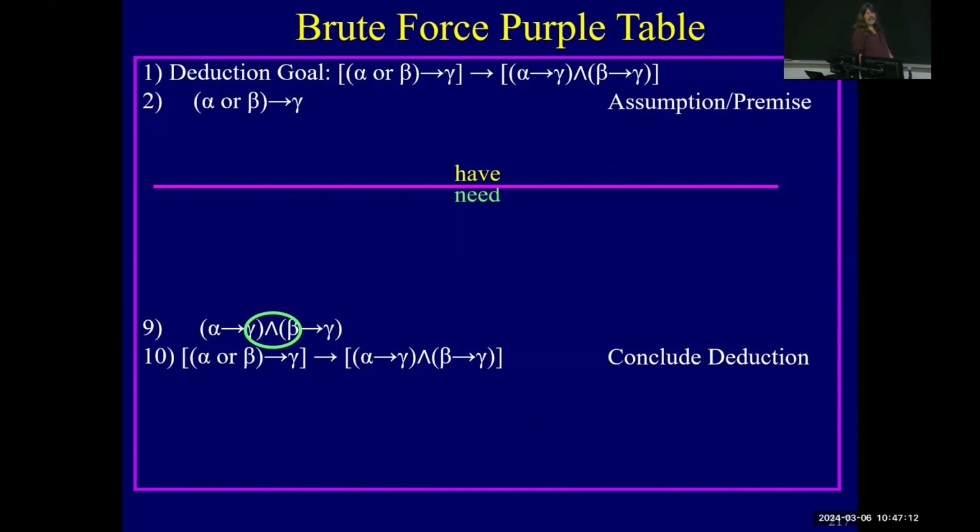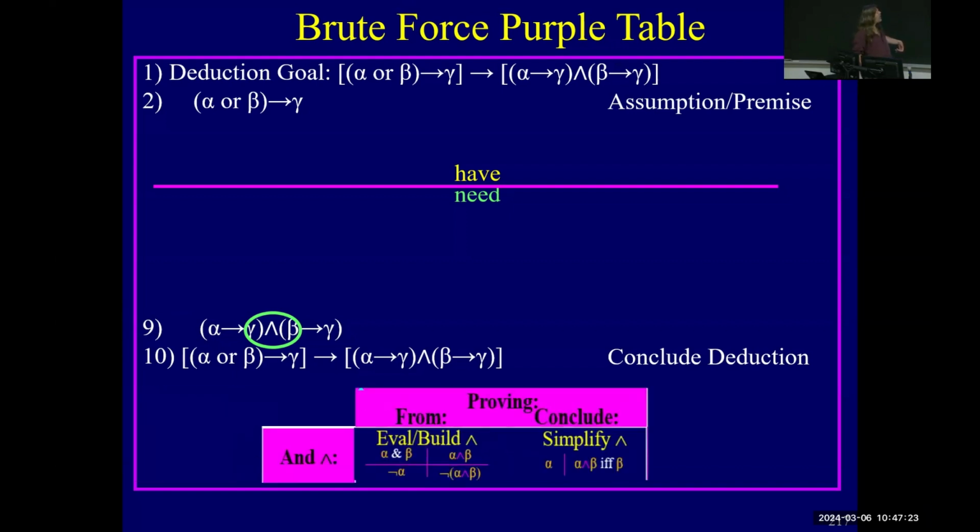How do you prove an and? What? Yeah, we're kind of separating it out backwards, right? We're saying if I want to prove an and, I have to prove each of them, right? So now I need to prove this and I need to prove that, right? Everybody see that? So now there are two things that I need.